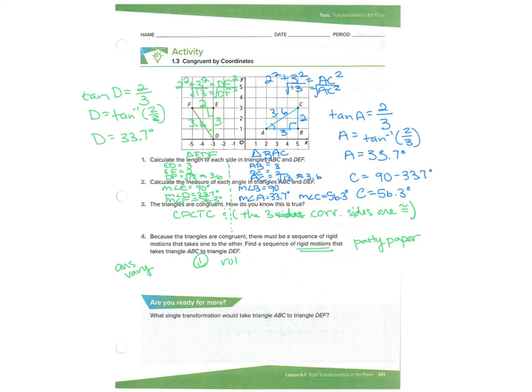But I chose to rotate triangle ABC 90 degrees counterclockwise around B. What I did was get my triangle sitting the right direction. I needed to move my triangle so that it could slide on top of my other one. And so then finally I'm going to translate it.